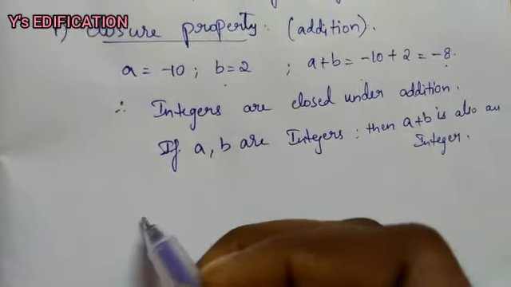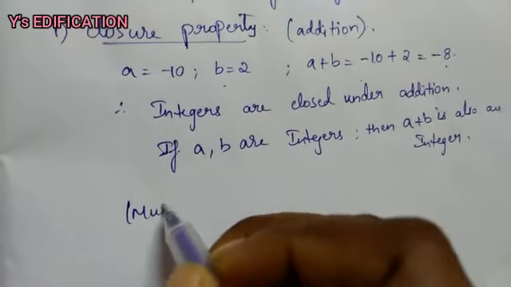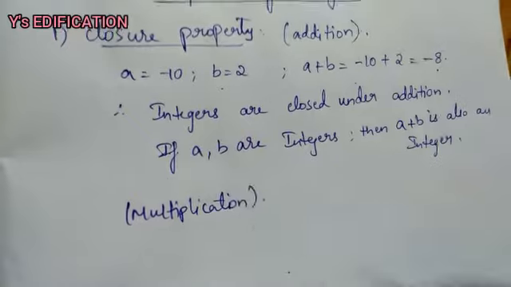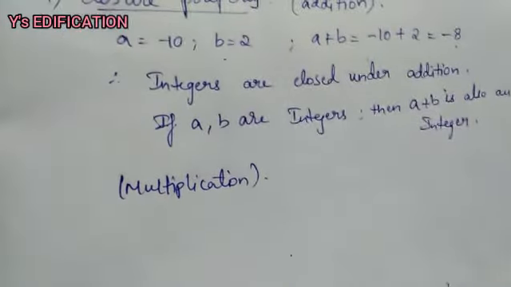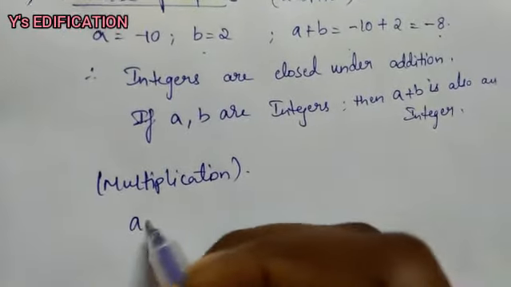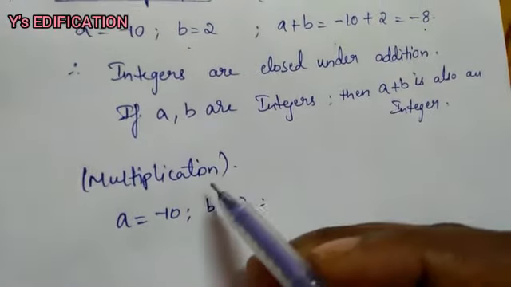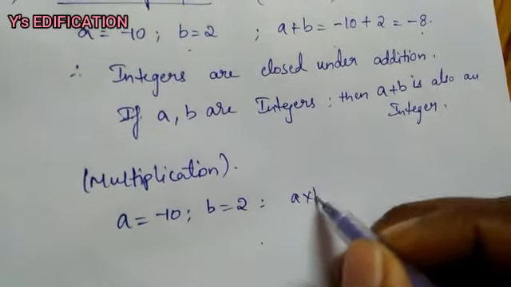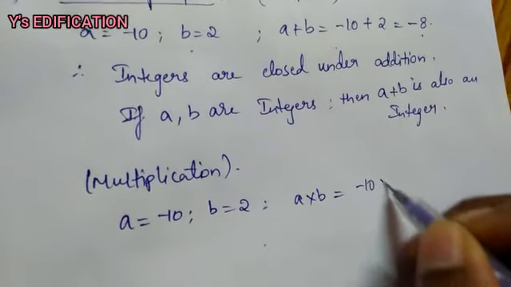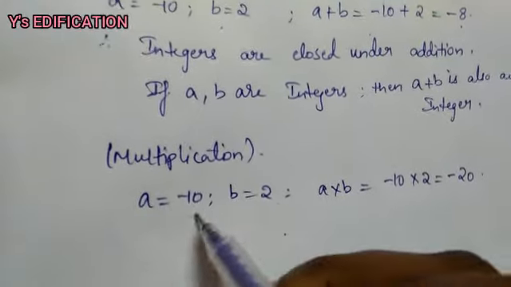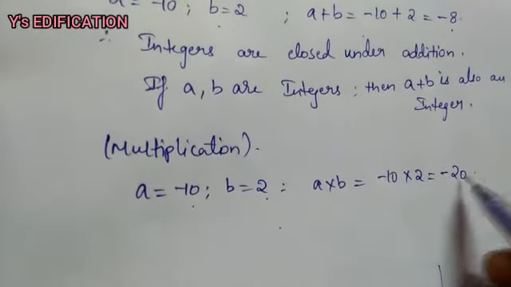Next one, closure property under multiplication. I am going to do it with the same numbers, a is equal to -10 and b is equal to 2. So this is multiplication, so we have to multiply, that means a into b. So -10 into 2 is -20. See, these are two integers and the result is also an integer.